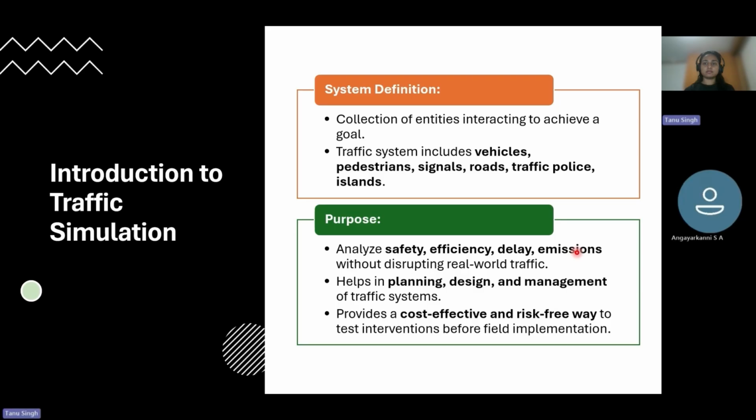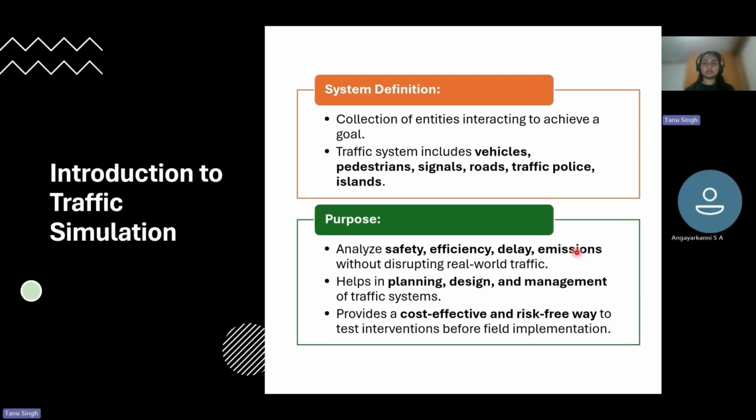Whenever we want to analyze the safety or efficiency of particular roadway conditions without disrupting real world traffic, we simulate that same condition and analyze the parameters. Or if we need to plan and design a traffic system that is to be constructed, we also do traffic simulation.